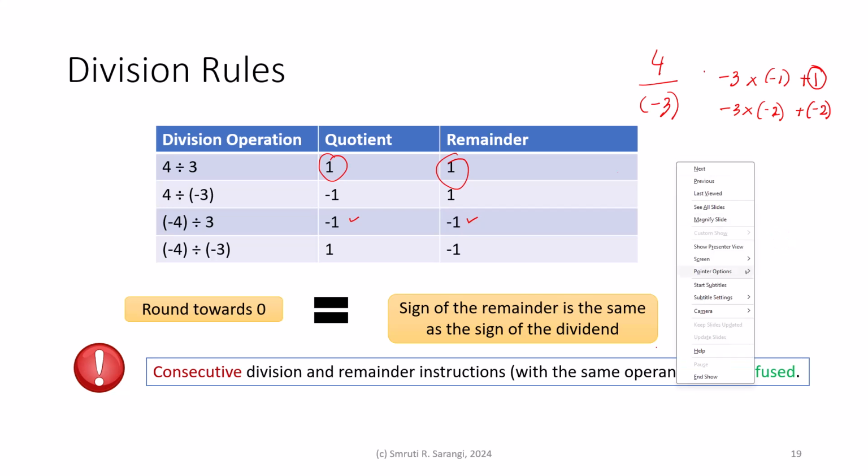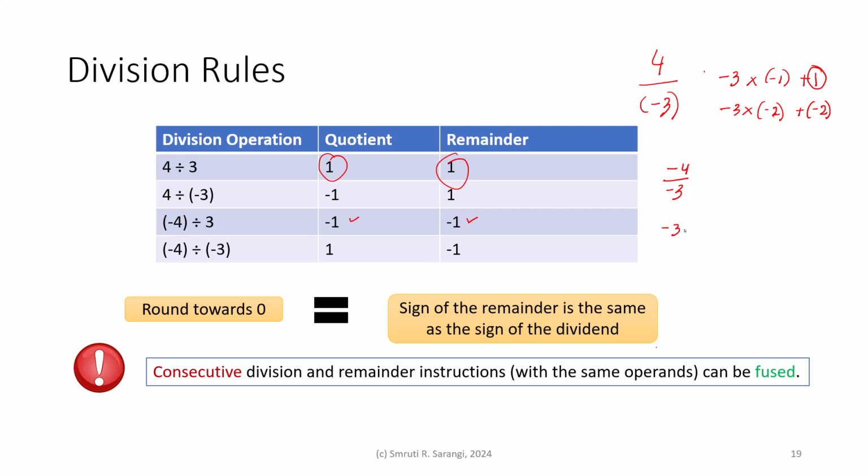All right, so now we have the last case, which is minus 4 divided by minus 3. Again, the choices in front of us are the same: minus 3 into plus 1, plus minus 1.